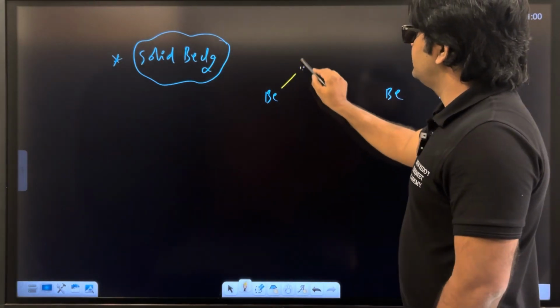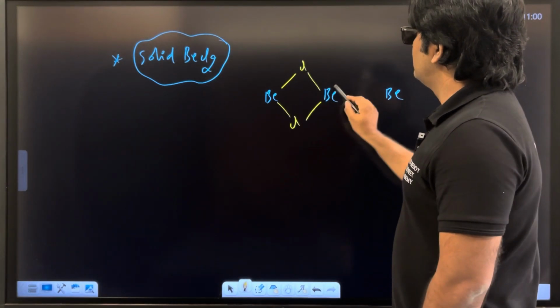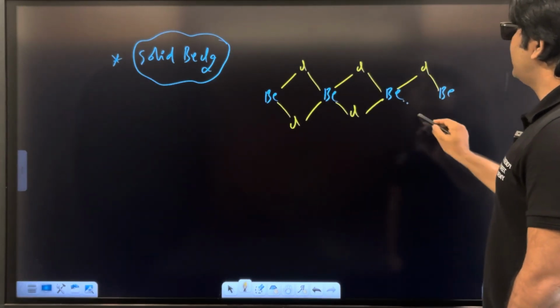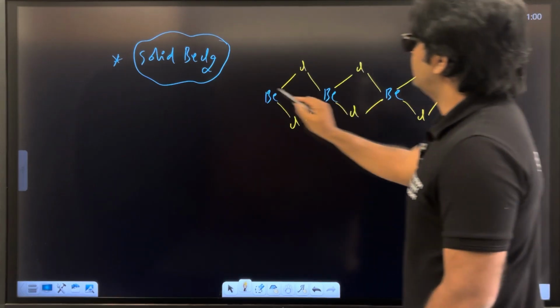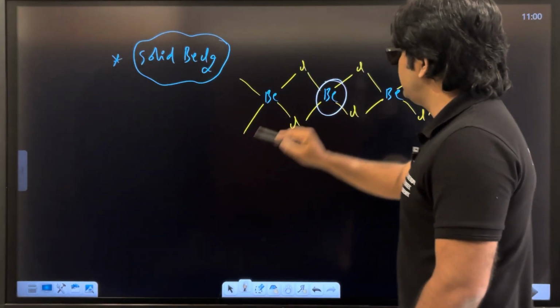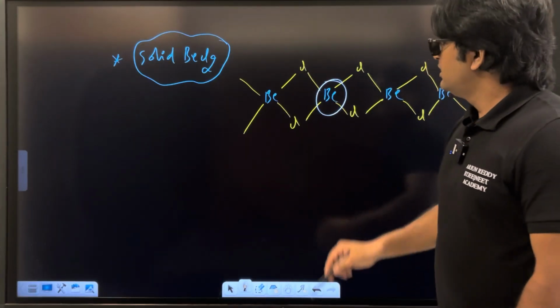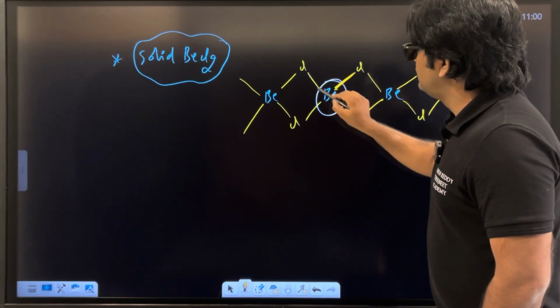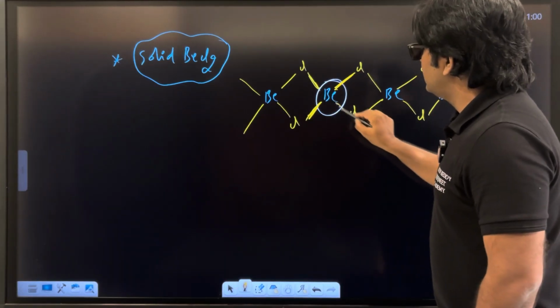The chlorine atoms are arranged like this, with chlorine acting as bridged atoms, right? After arrangement of chlorine around the beryllium, how many sigma bonds are there? Now we have 4 sigma bonds around beryllium. 1, 2, 3, again 4.